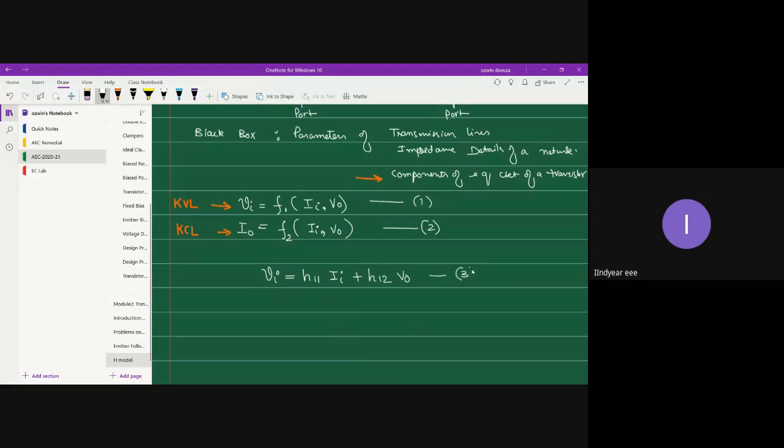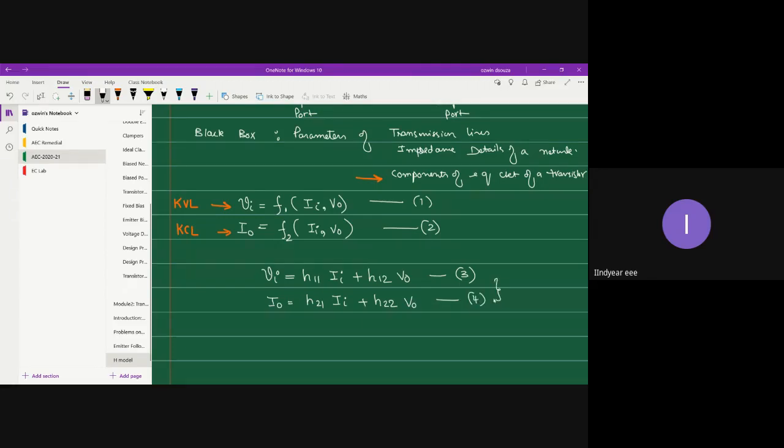Let's take it as 3. This is how we write the linear equations, right? Similarly, output current I0, let us write it as some unknown H21 into independent variable Ii plus some unknown H22 into the independent variable V0.